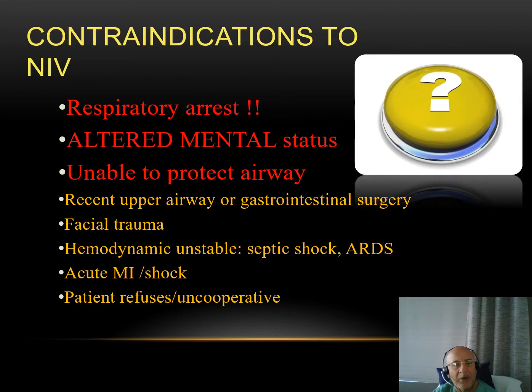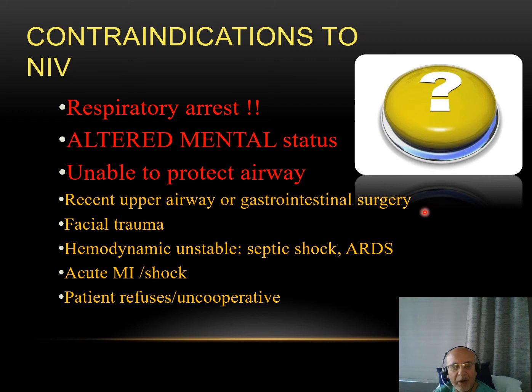distress. There are contraindications to the use of non-invasive ventilation, which obviously includes respiratory arrest or apnea, but any significant altered mental status from drug overdose or CVA or a neurological event should be a contraindication to the use of non-invasive ventilation, as the patient will be unable to protect their airway.